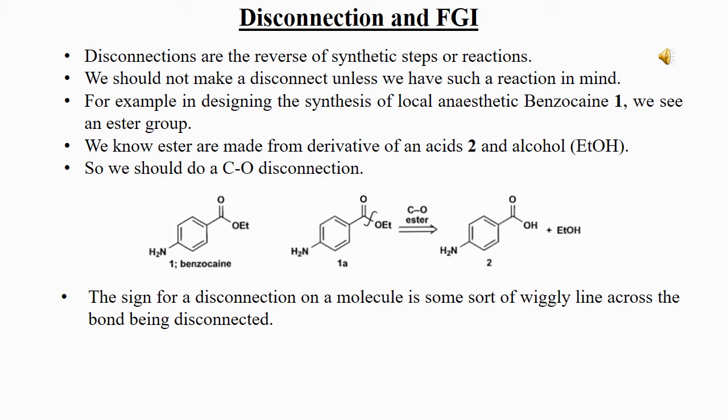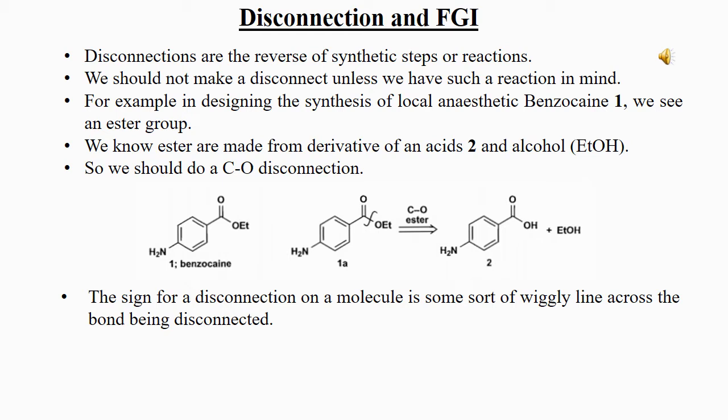here the structure number 1 you can see is the local anesthetic benzocaine. It contains an ester group, and we know that esters can be reliably made from derivatives of acids and alcohols. So we can show the disconnection of this carbon to oxygen bond.